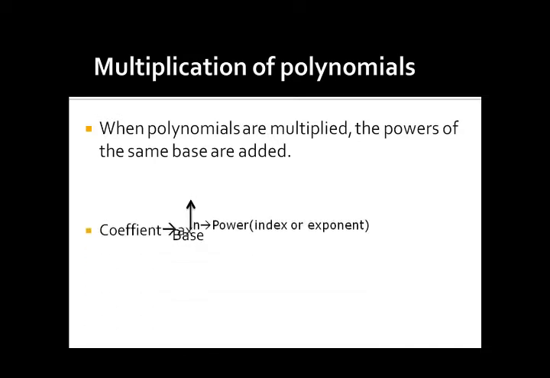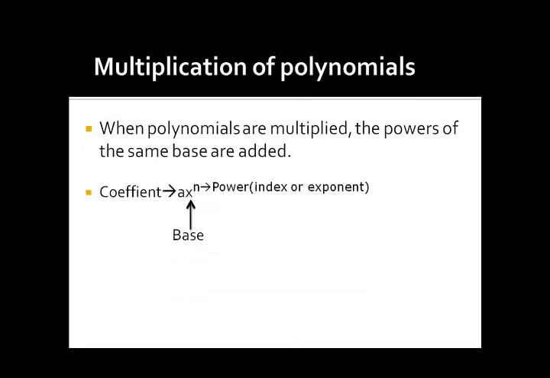So we're at the multiplication of polynomials. When polynomials are multiplied, the powers of the same base are added. And just to refresh on the base, the coefficient, and the power of polynomial terms. So this is how the operation is done.